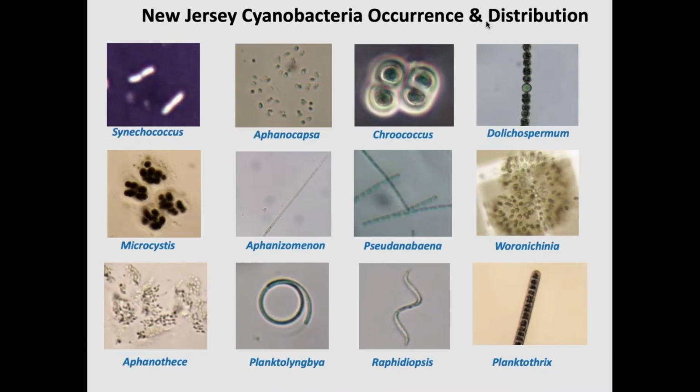This slide lists the 12 most frequently seen and widely distributed cyanobacteria taxa in New Jersey. Most are common taxa in water bodies of the Northeast, including potentially toxin-producing taxa such as Dolichospermum, Microcystis, Aphanizomenon, and Planktothrix.